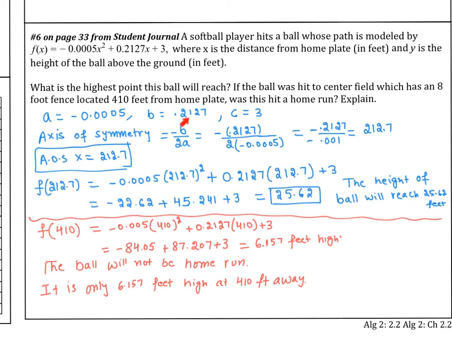You choose the b value and the a value, and when you use the calculator to solve, you get x equals 212.7, and that is the axis of symmetry. Use this value to plug in for x, and that's where you get your y value, or the height of the ball.